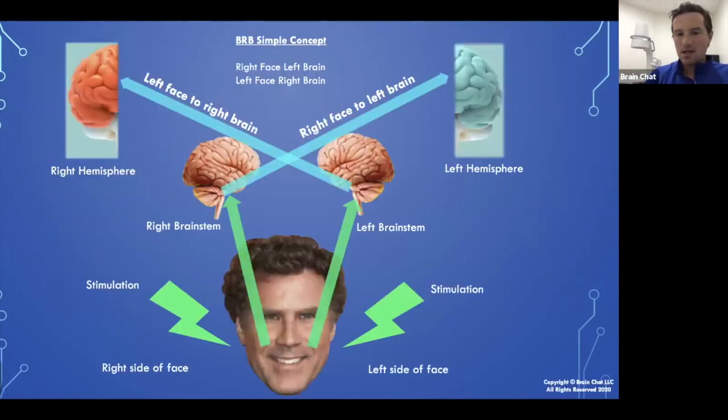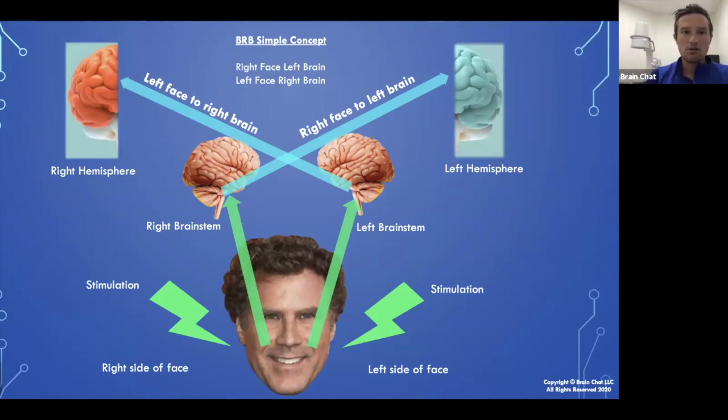So you've seen an image like this before. As a general rule, when you're doing rehab and you're doing stimulation, with the brainstem, a lot of the stimulation that I talk about is going to be mostly on the face, because the cranial nerves, how they come out and what they innervate and what they talk to, there's a lot in the muscles of the face, the eyes, and then also the sensation surrounding the face.